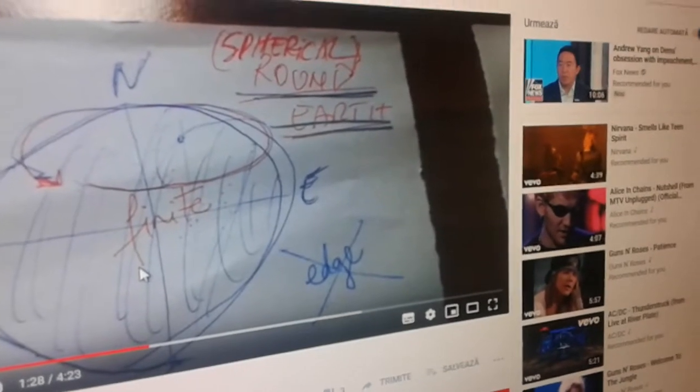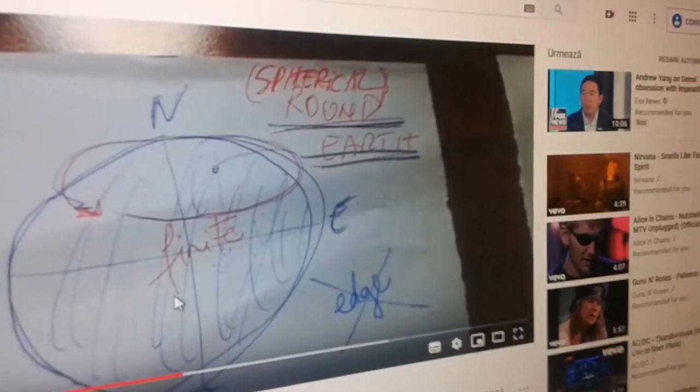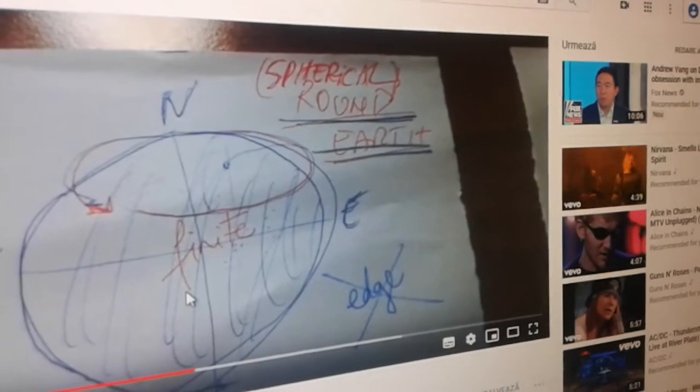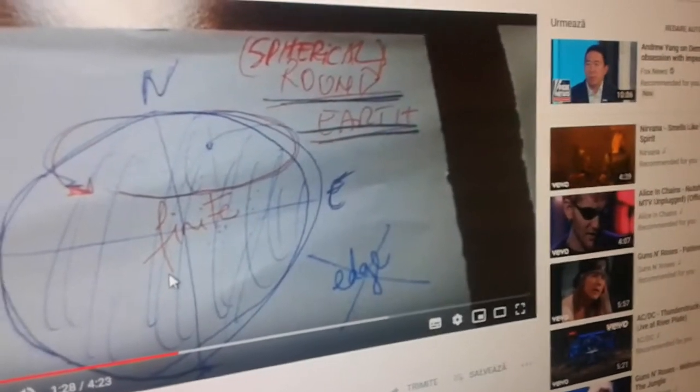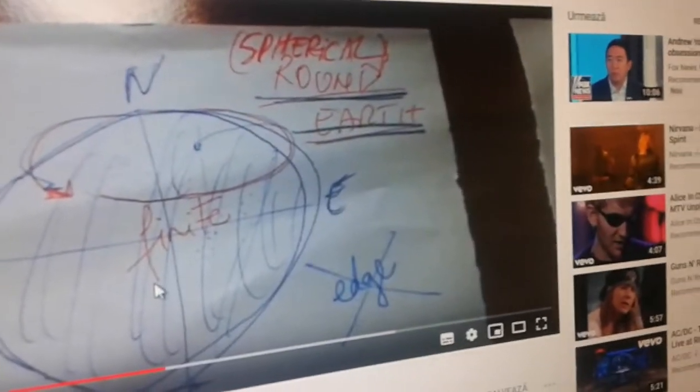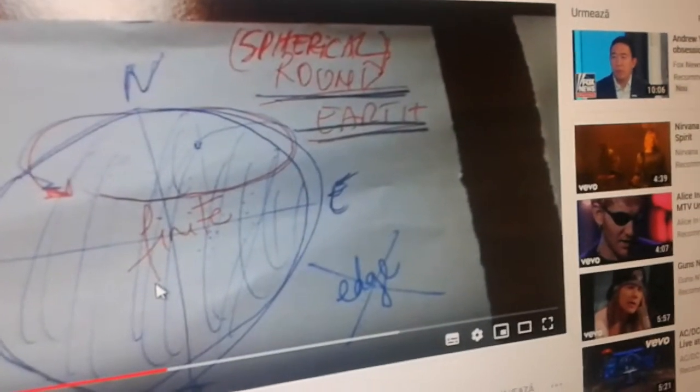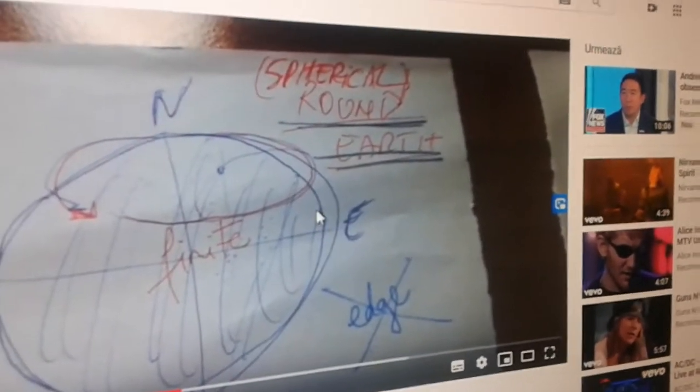So this is the restriction of the spherical Earth, and this is why this model is convenient to the powers that be, because, to put it simply, there just isn't anywhere else to go except outer space. But for that, you need some propulsion, you need some spaceship, and you ain't got access to that. So this was the idea behind the flat earth motive.